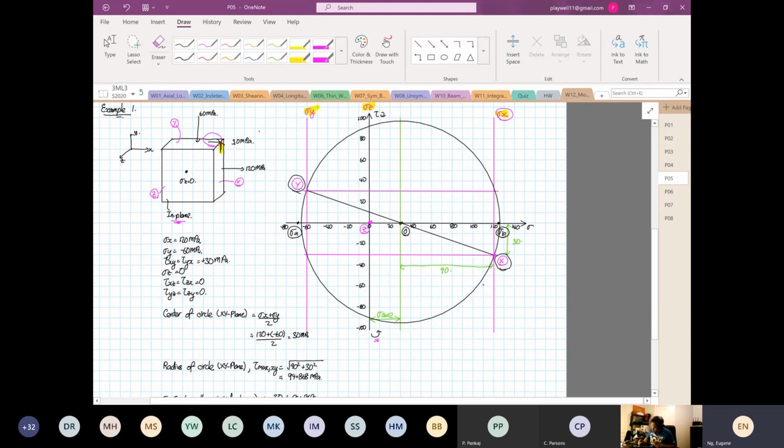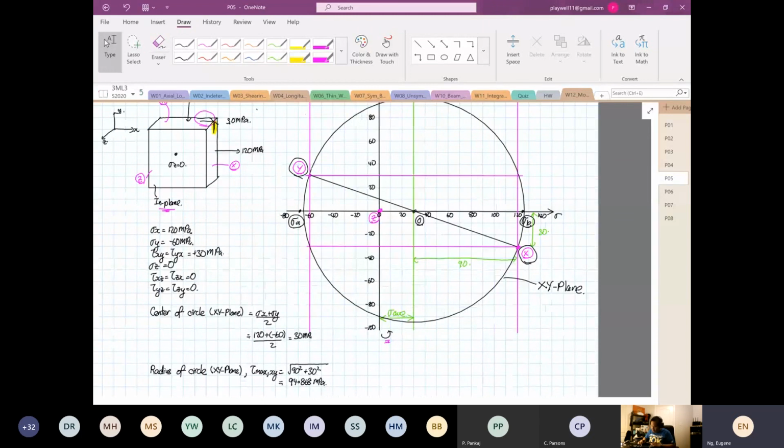So this is your XY plane. Now this one is different from the example or from the theory I showed before, because in the theory I showed before, XY don't have shear stress, and this one has shear stress. And stress A and stress B are your principal stress.